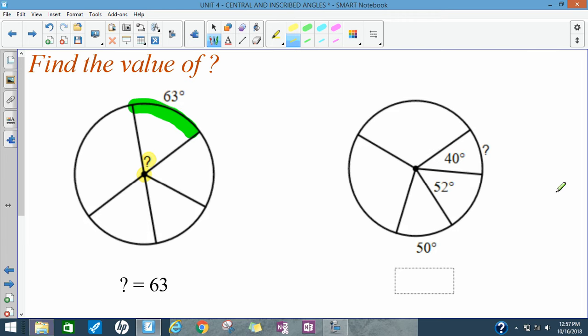Over here, question mark is now representing an arc, so this intercepted arc, and that arc is intercepted by this angle here, that's 40. It's a central angle because its vertex is at the center, so that means the arc must be the same as the angle, and therefore it is 40 degrees.